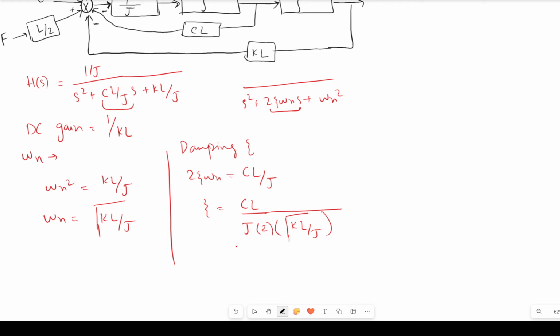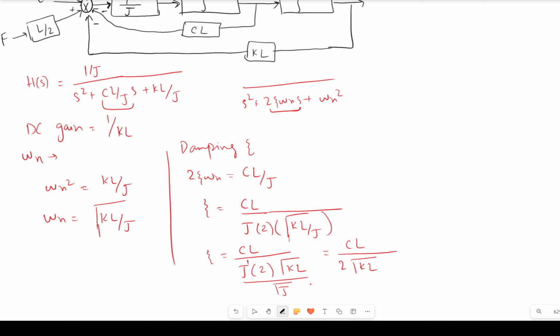how I can solve this is by making CL divided by J, 2, and then I can write under the root KL, and this is in the division under the root J. So if I manipulate this, it becomes CL divided by 2 under the root KL.